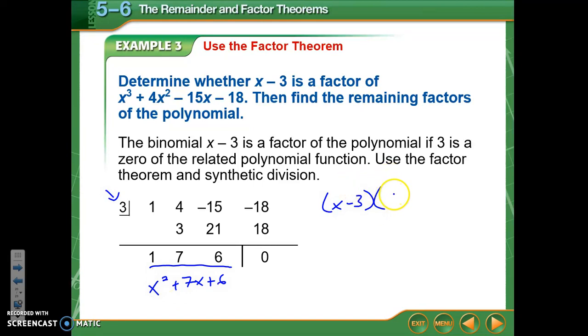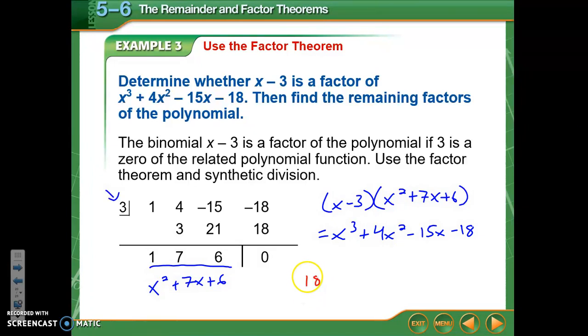So x minus 3 times x squared plus 7x plus 6 is equal to my original polynomial, x cubed plus 4x squared minus 15x minus 18. It's the exact same thing as if I say, well, okay, 18 divided by 3 equals 6. That means that 6 times 3 has to equal 18, right? So this is a factored form of my original polynomial.